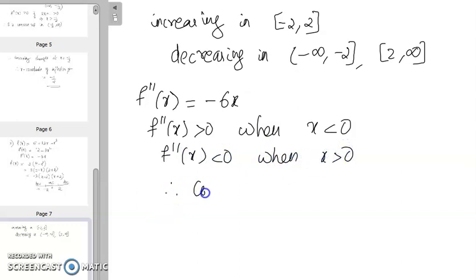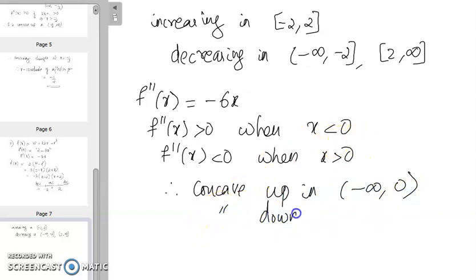So therefore concave up in minus infinity to 0, where it is positive. Similarly concave down in the interval 0 to infinity. So concavity changes at the point 0.